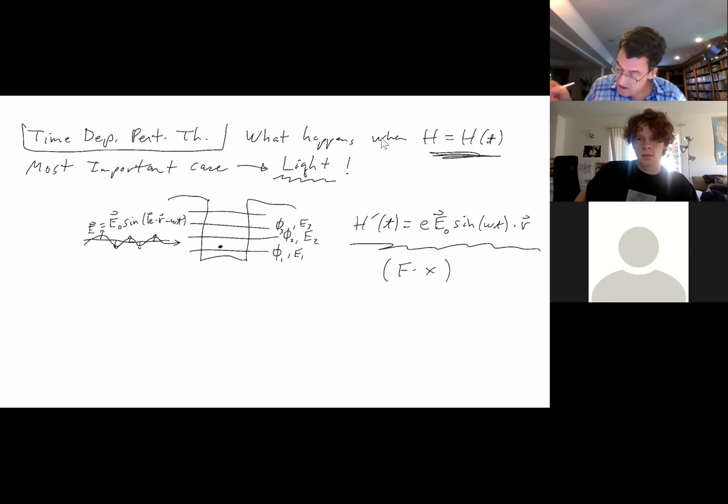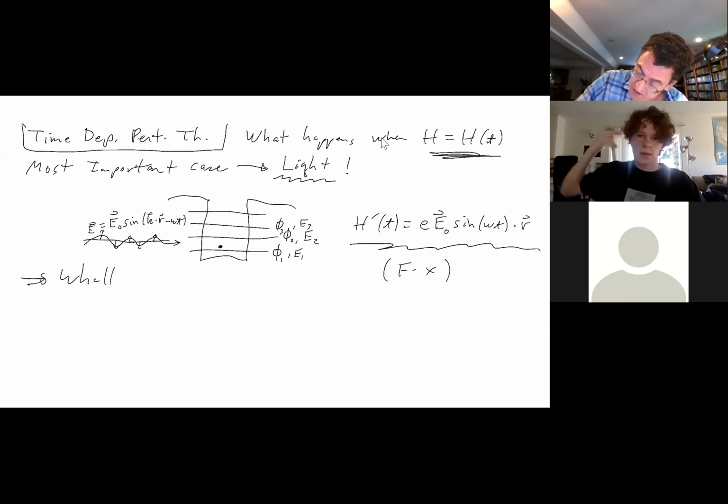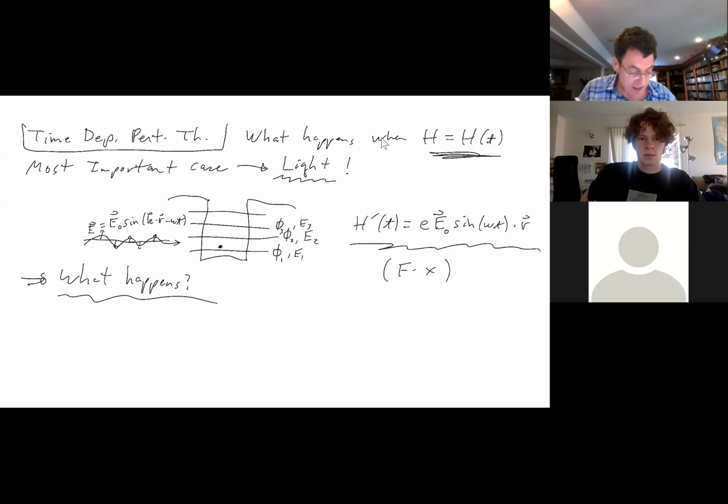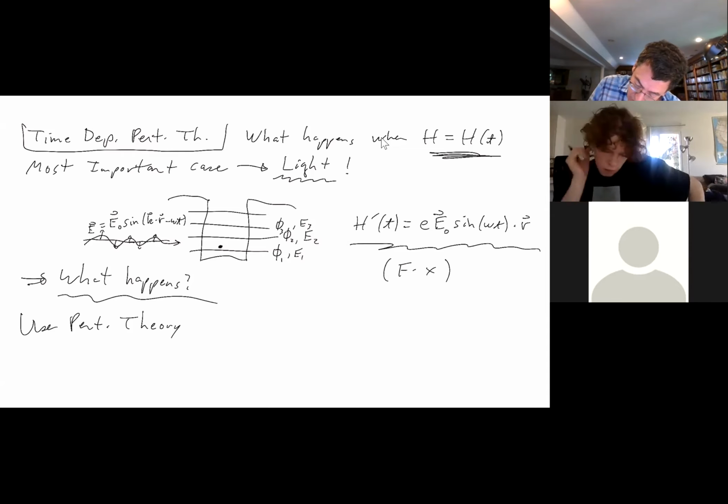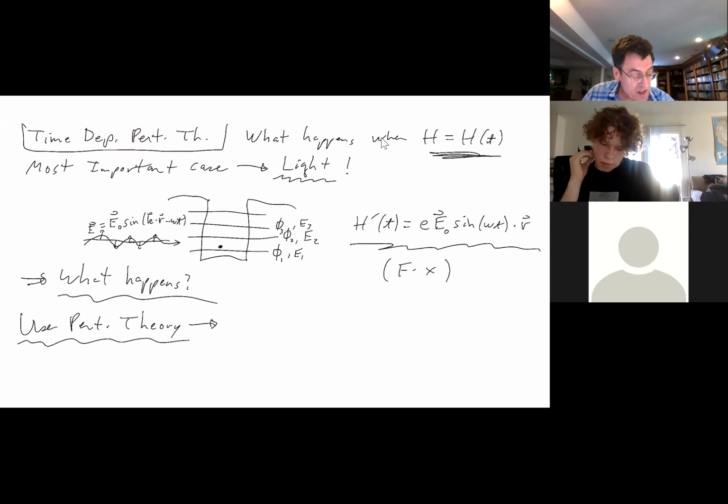And so then the question, of course, is what happens? How do I think about this? There's a way to think about it. What we do is we're going to use perturbation theory, and we're going to use our intuition from perturbation theory, because we know that the Hamiltonian of this system is equal to the unperturbed atomic Hamiltonian.